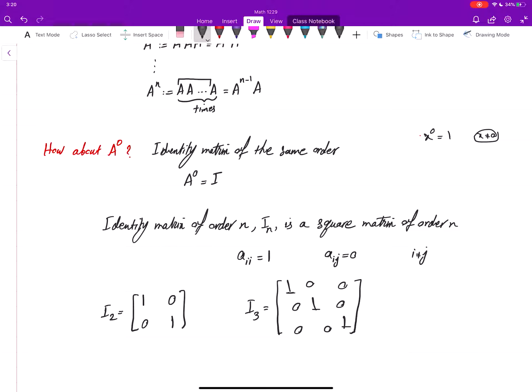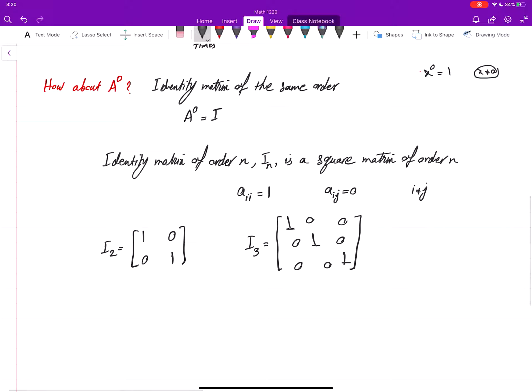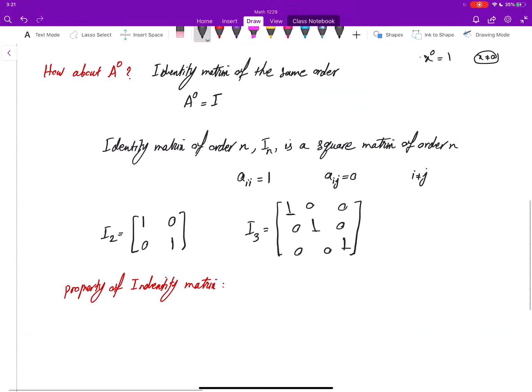We have all these. The reason we call it the identity matrix is one very important property: it is the identity for matrix multiplication.